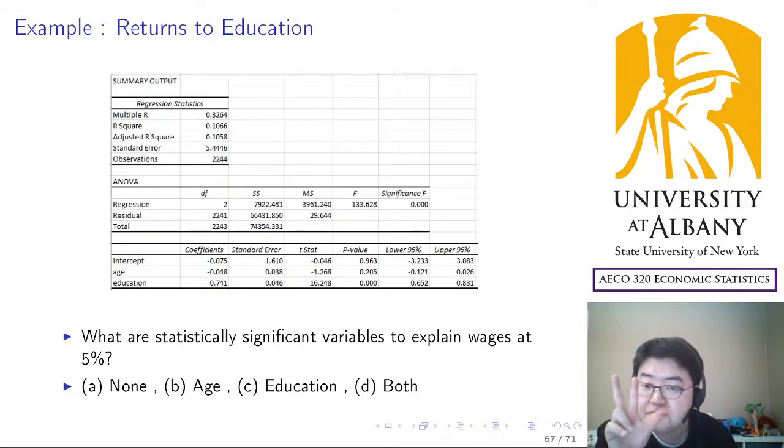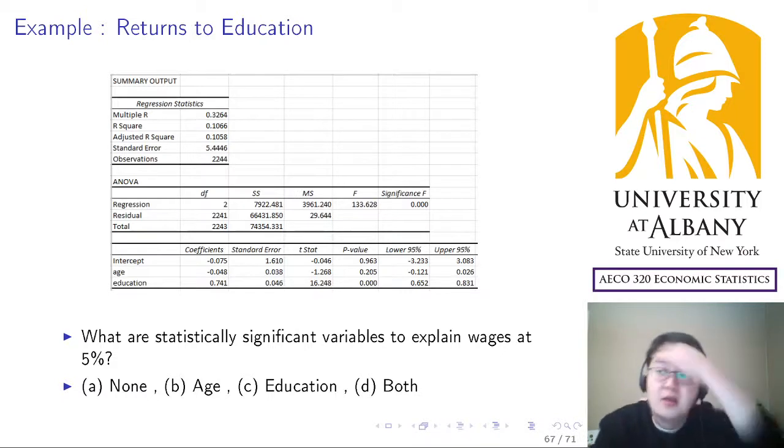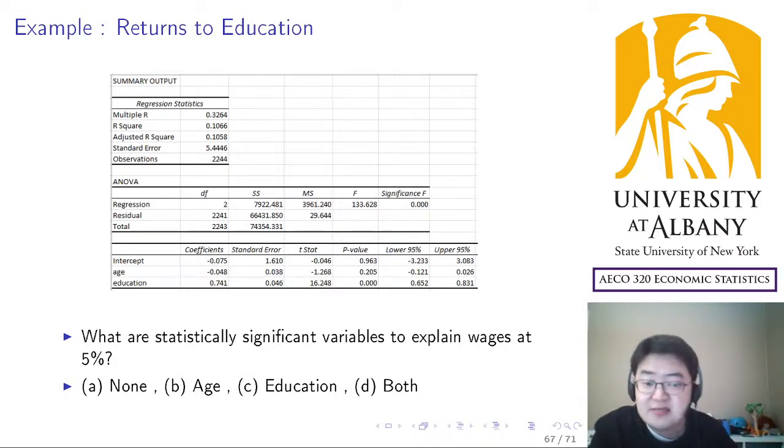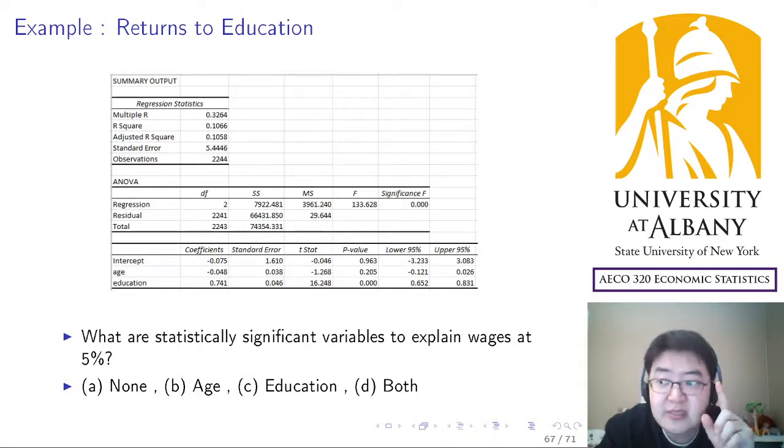3, 2, 1. So remember the definition of statistical significance. We say a variable is statistically significant if we can reject the null hypothesis that the coefficient is 0, right? We assume in the hypothesis the coefficient is 0.